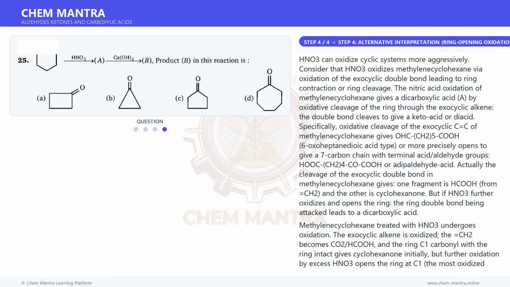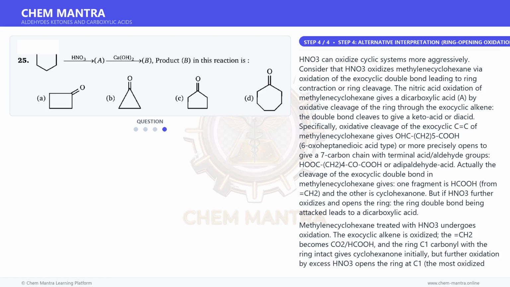Actually, the cleavage of the exocyclic double bond in methylene-cyclohexane gives one fragment that is CO from =CH2 and the other is cyclohexanone. But if HNO3 further oxidizes and opens the ring, the double bond being attacked leads to a dicarboxylic acid.